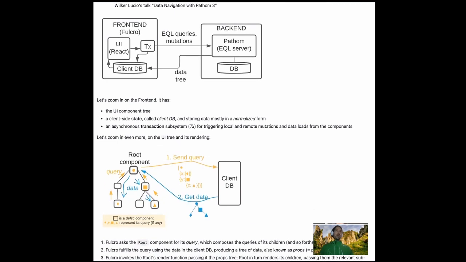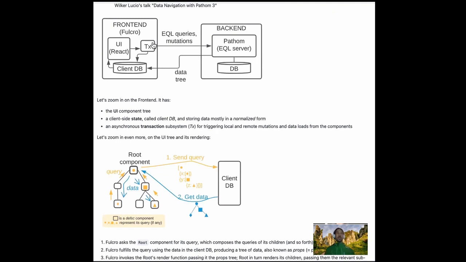We have three important parts there. The UI itself, which is a tree of React components. ClientDB, which is the client-side state, caches data obtained from the backend, mostly. And that data is typically stored in a normalized form. We will see what that is and why it's important and extremely useful.